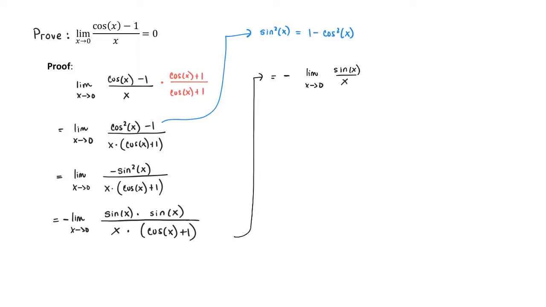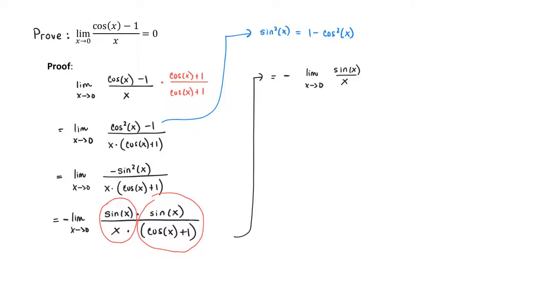Now look at this. I'm going to go back to the previous step. Here I can think of this as a factor or a function, and this as another function. And both of these limits exist. In this case over here, as x approaches 0, cosine x plus 1 is 2. So the limit of this function exists, and the limit of this function exists.